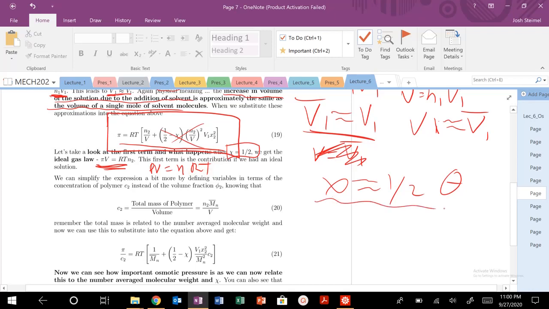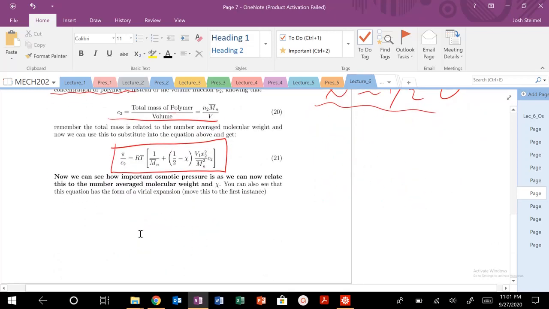There's one more simplification we can make. If we instead define variables in terms of the concentration of polymer, C2, instead of the volume fraction, we know the concentration of our polymer is just the total mass of our polymer divided by the total volume. Substituting this in and dividing our osmotic pressure by our concentration gives us this expression right here.